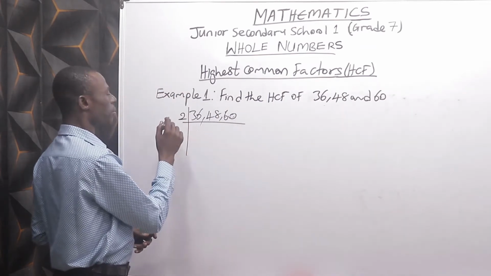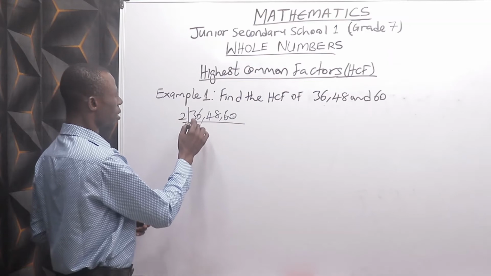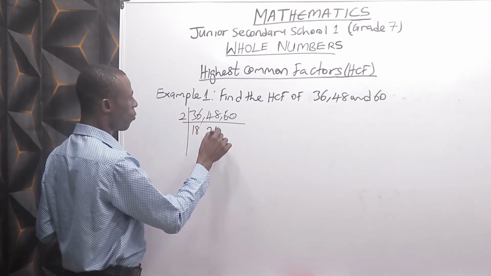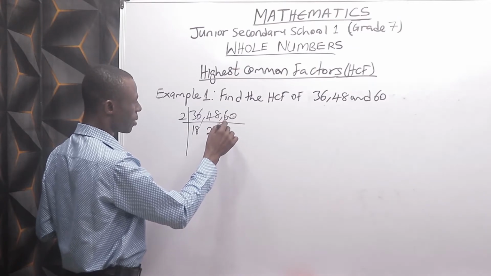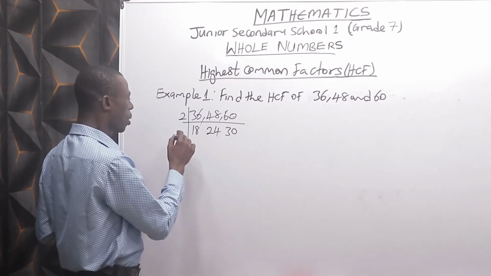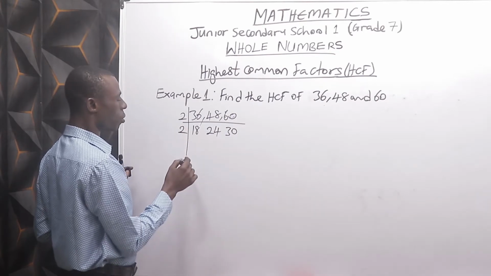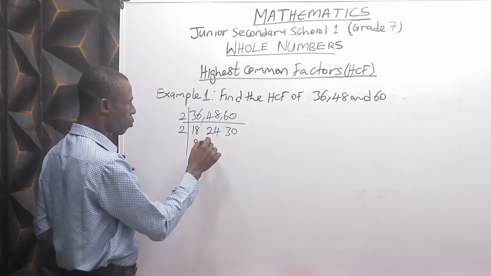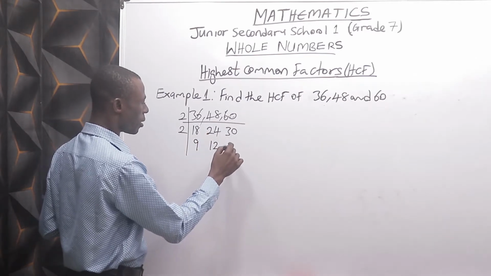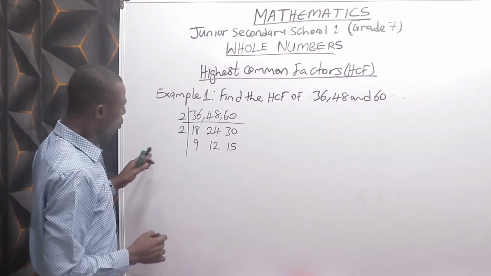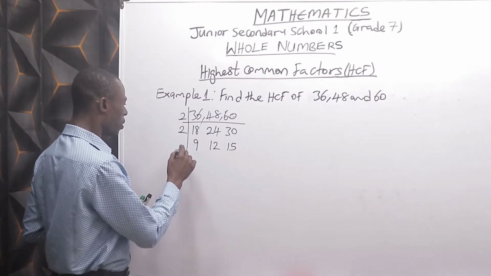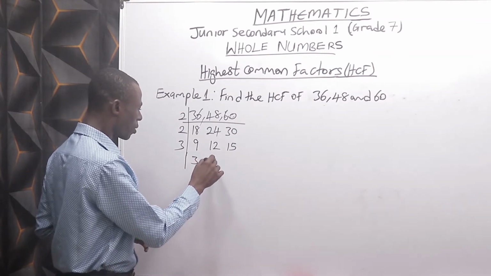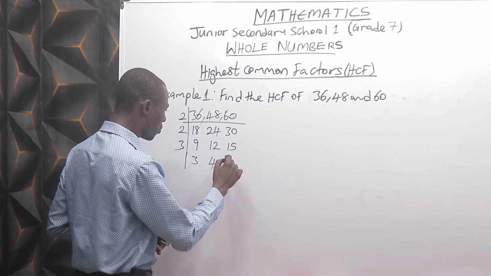You can see it's 2 here. So, 2 in 36 is 18, 2 in 48 is 24, in 60 that is 30. What else goes? 2 also goes. 2 in 18 is 9, in 24 is 12, in 30 is 15. What else goes in all of them? That's 3. 3 in 9 is 3, 3 in 12 is 4, 3 in 15 is 5.